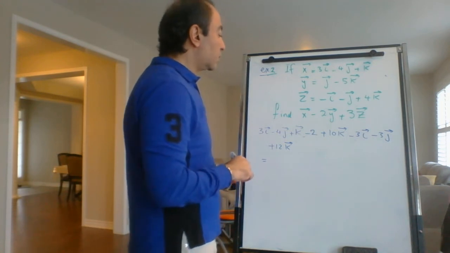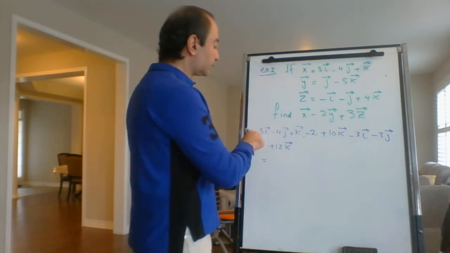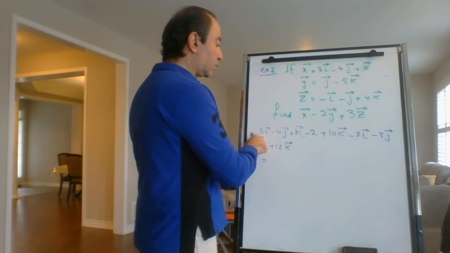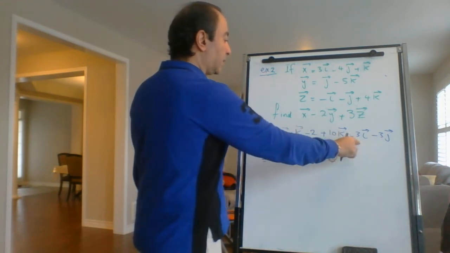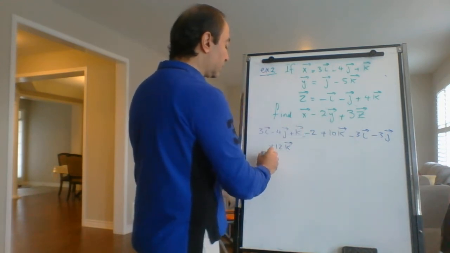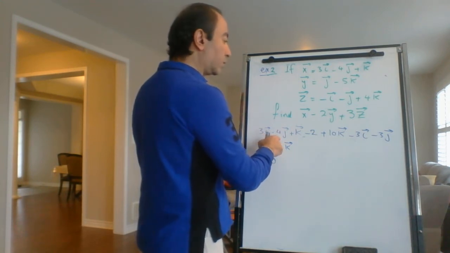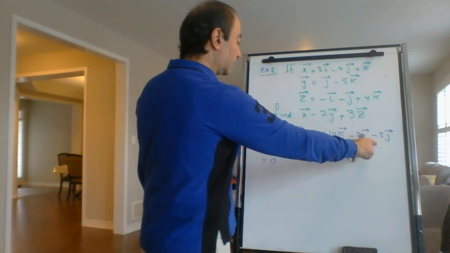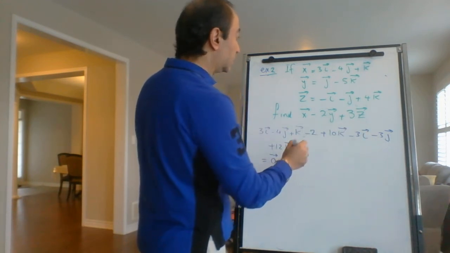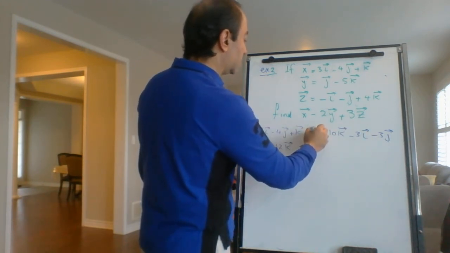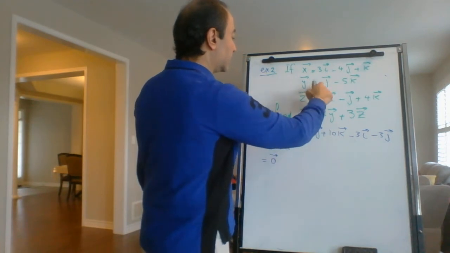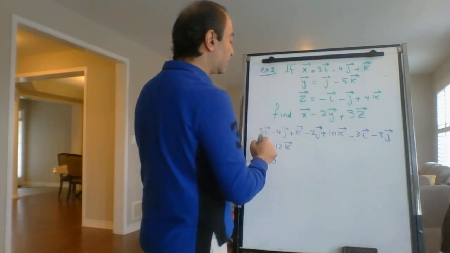Then we are going to combine like vectors. 3 vector i minus 3 vector i is the 0 vector. Negative 4j minus 3j. Oh, here is 2j. I'm sorry, I forgot the negative 2 is multiplied, so negative 2j.